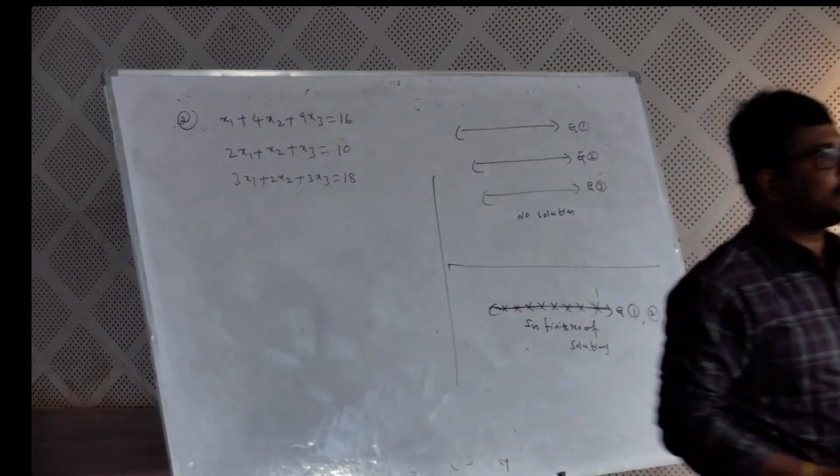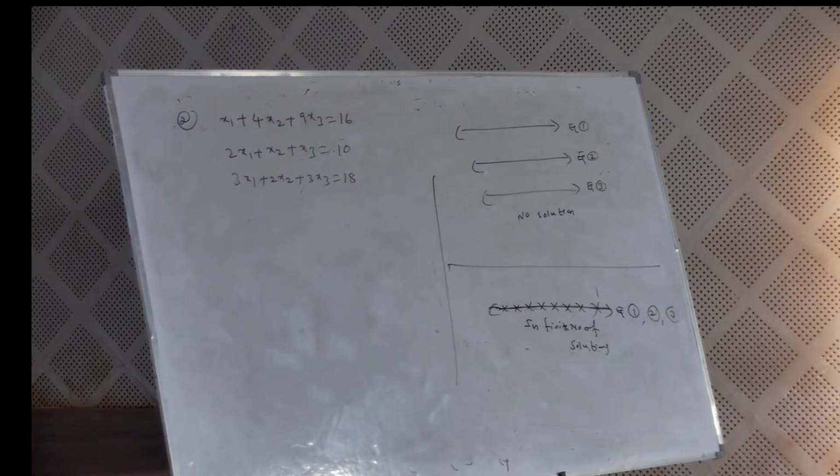What is the number of unknowns? 3. What are those? x1, x2, x3.